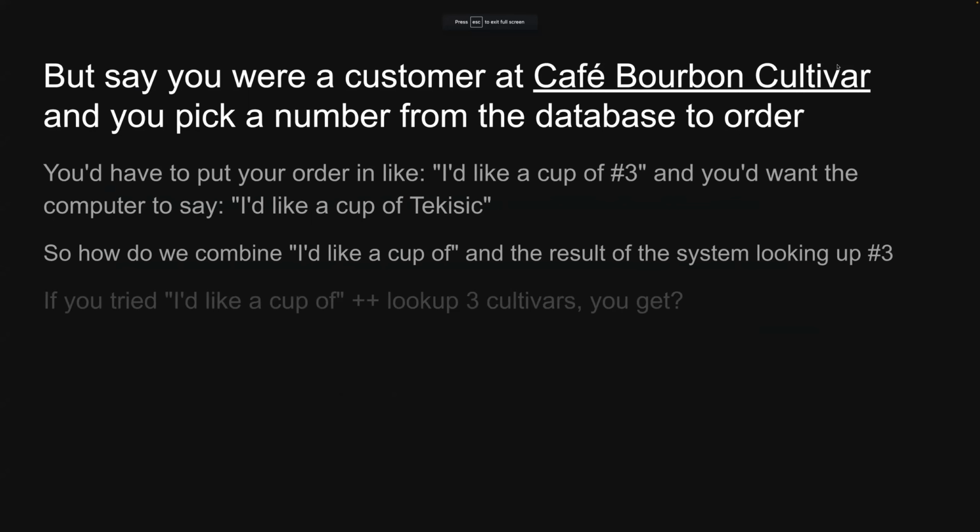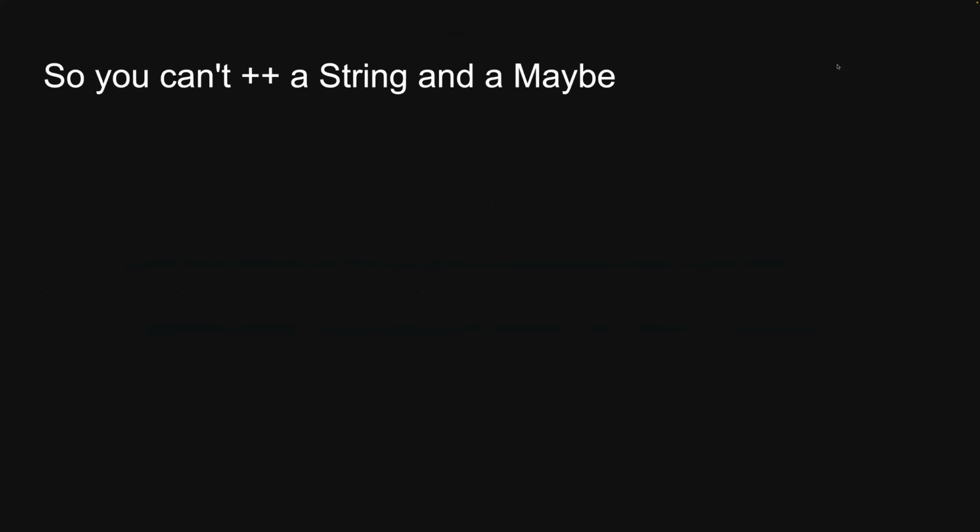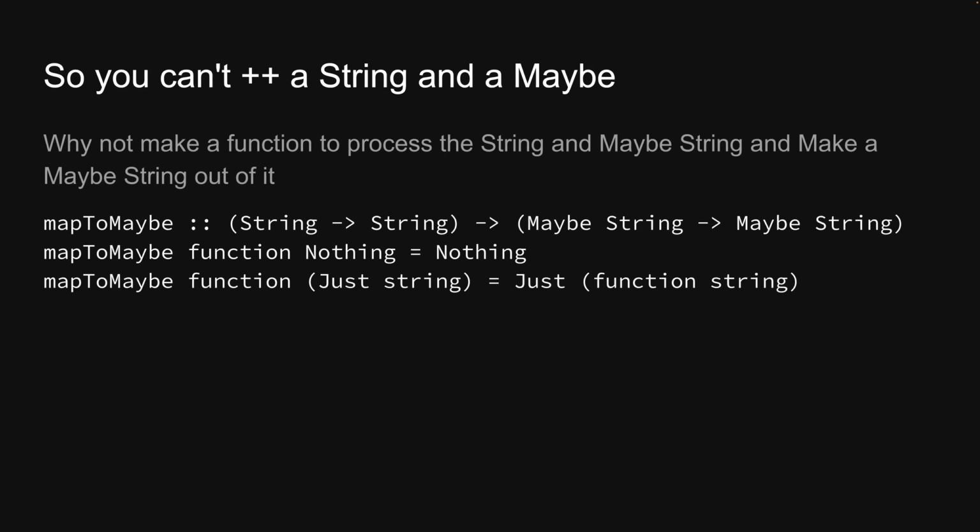And so how do we do that? You can't have the plus string and a maybe, so why not make a function to process the string and maybe string and make a maybe string out of it, like we just did with the fold, but making a function that makes it just addable into some other function where we get out the value.